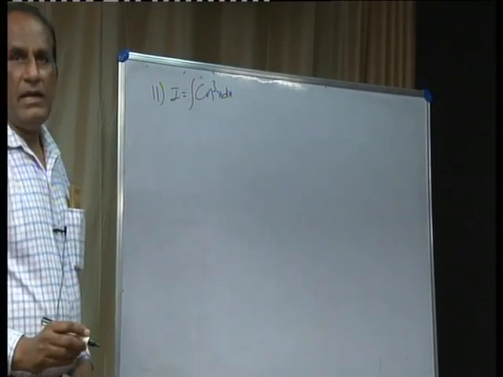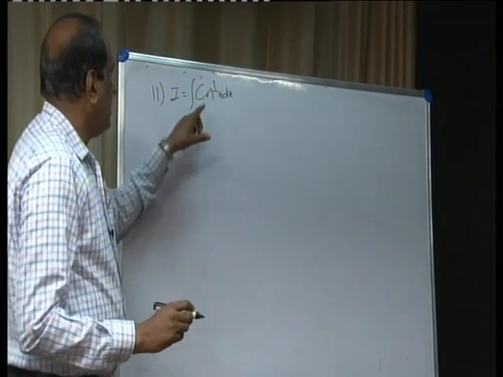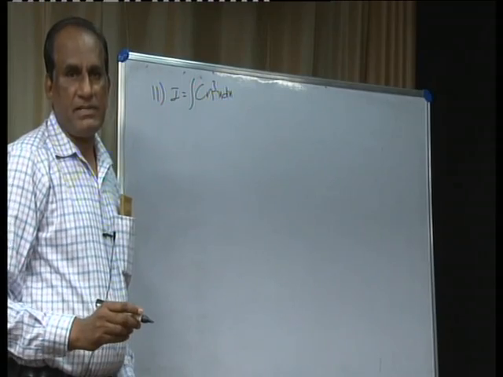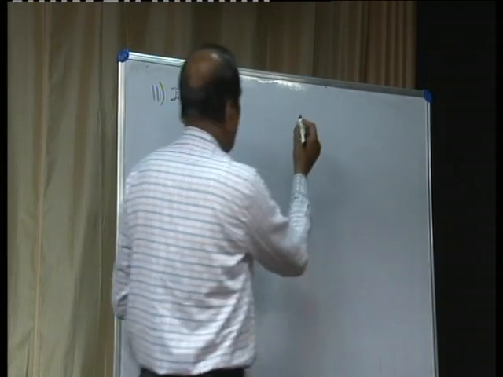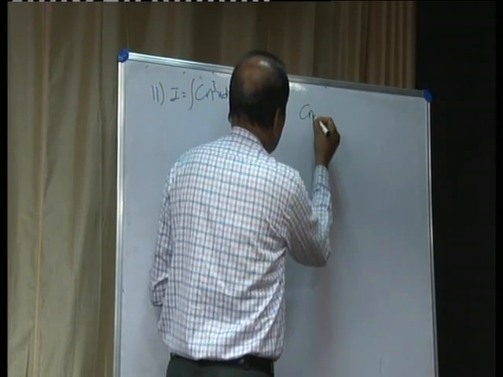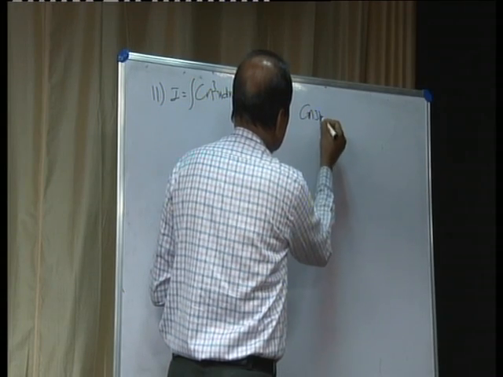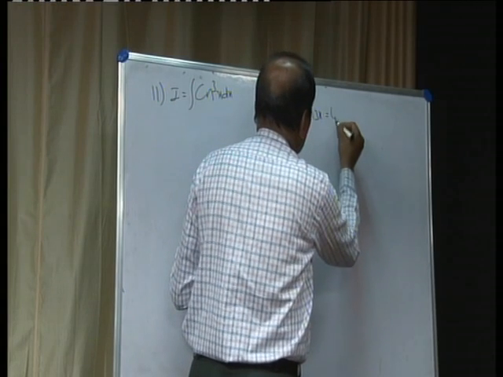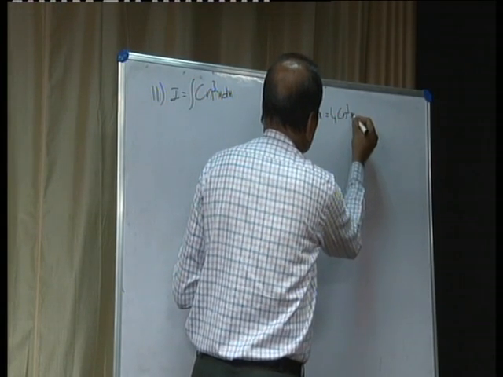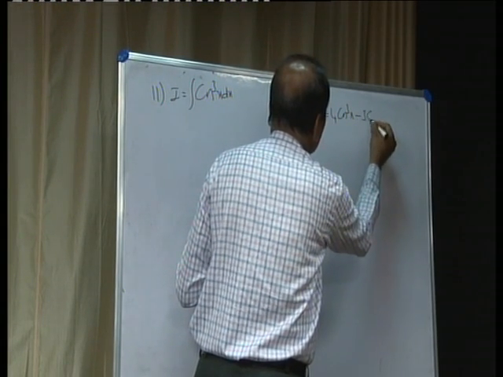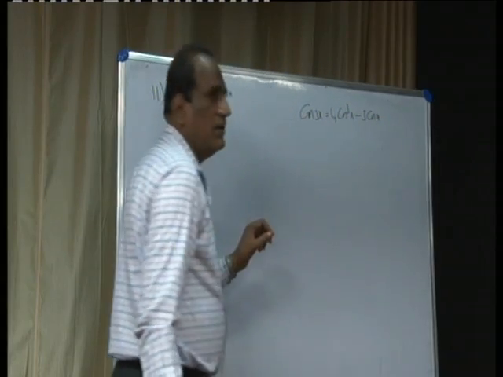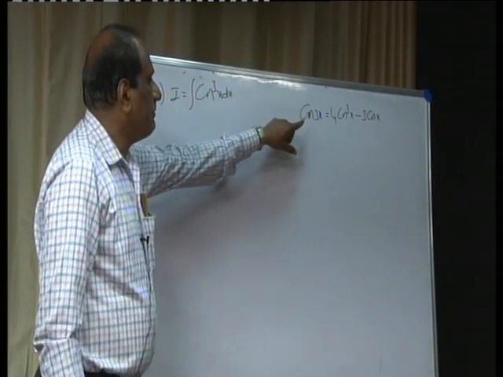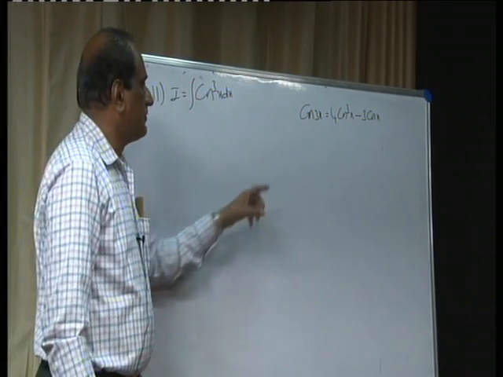Now write the multiple angle formula in which cos cube x is present. What is that formula? The formula is cos 3x is equal to 4 cos cube x minus 3 cos x. This is the multiple angle formula in trigonometry with respect to the cos function.